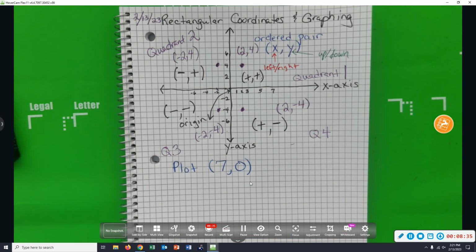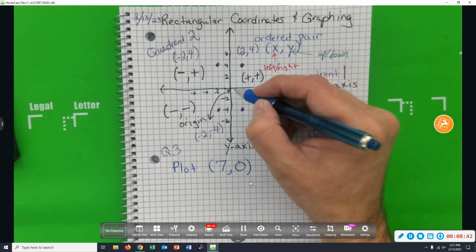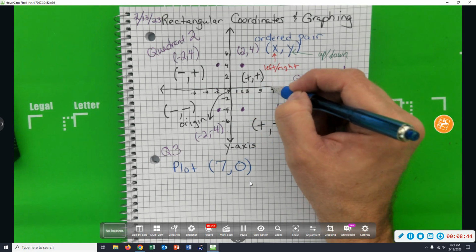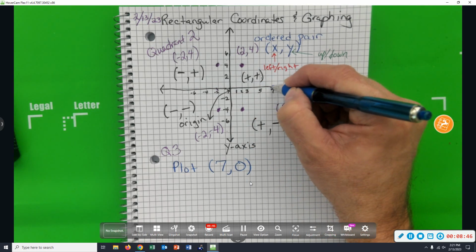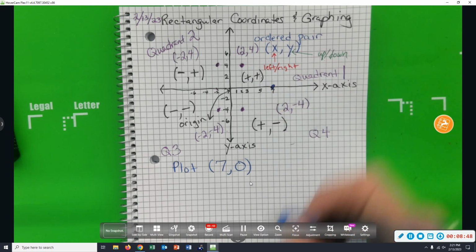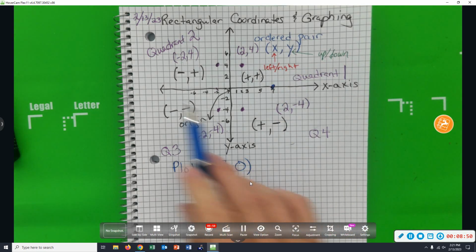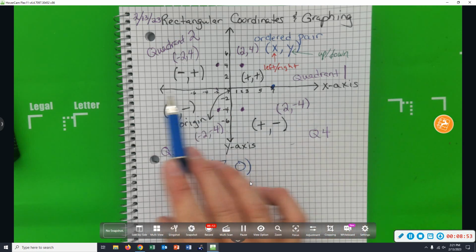That's neither in quadrant 1 or quadrant 2 or 3 or 4. It's on which axis? Okay, you'd move right 7, up 0, right there. So the point (7, 0) is actually on the x-axis.